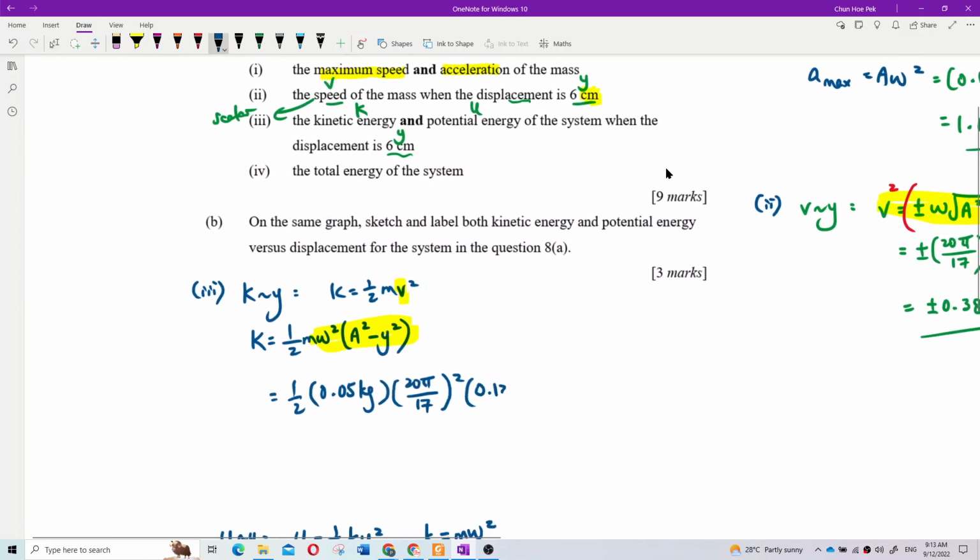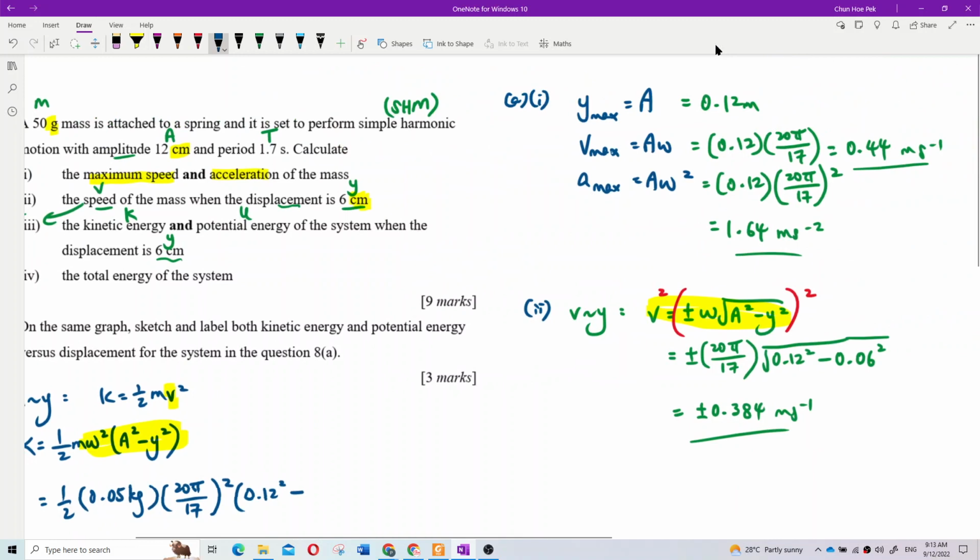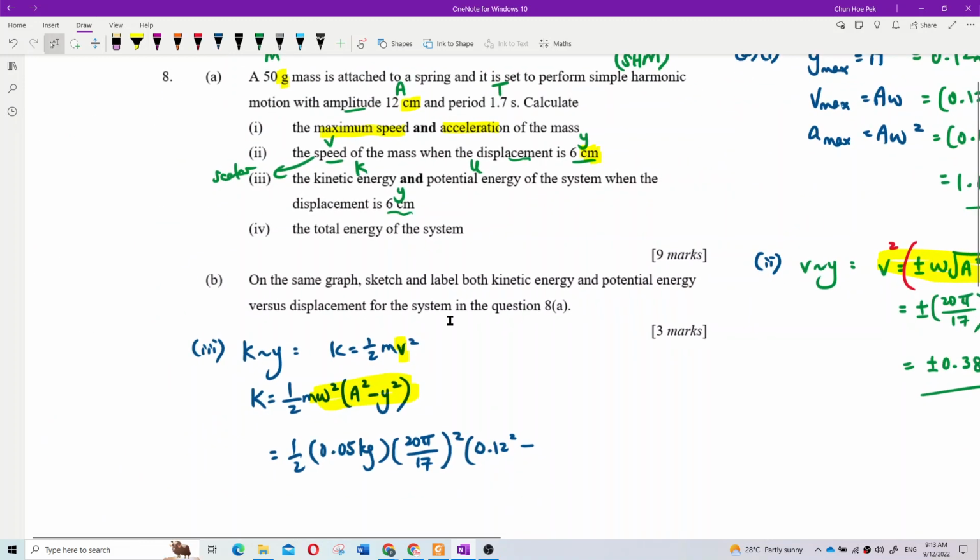All these are formula only. So y, what is the y given? 6 cm, also change to SI unit, divided by 100. So it's 0.06 square.